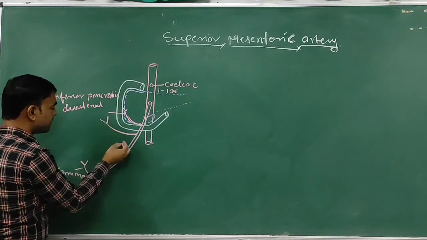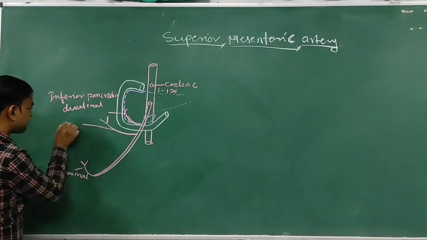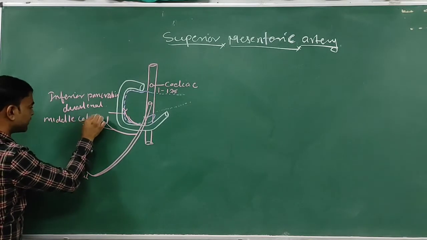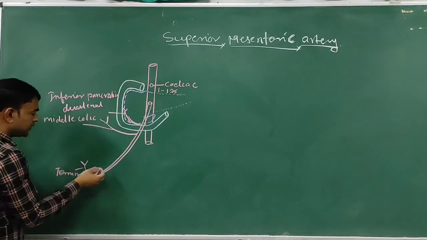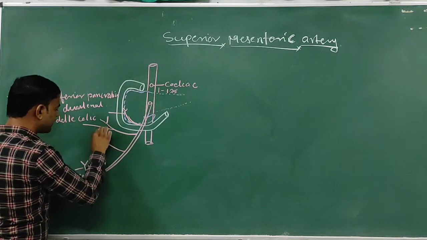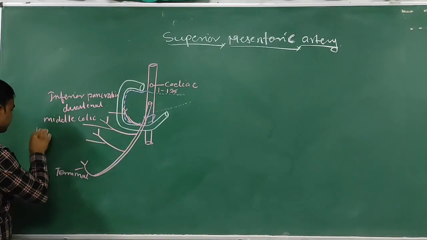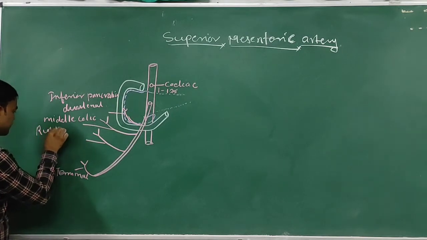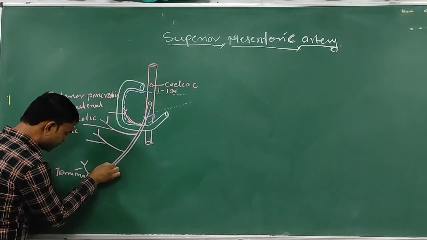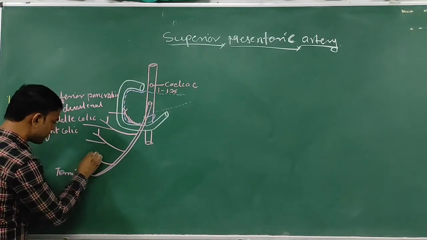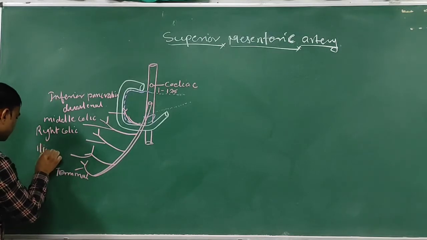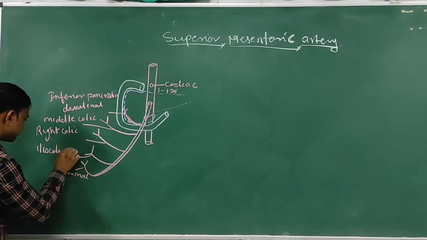The third branch is the right colic branch, and the fourth branch is the ileocolic branch.